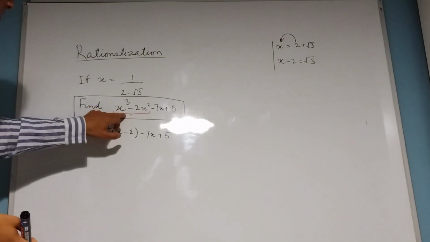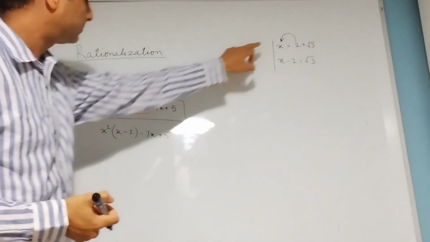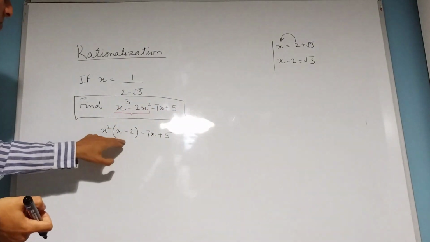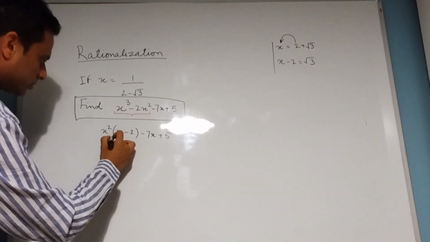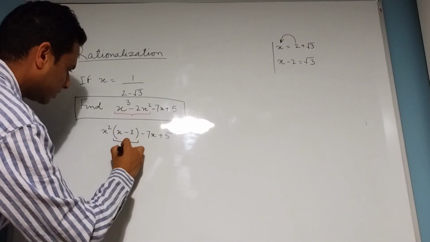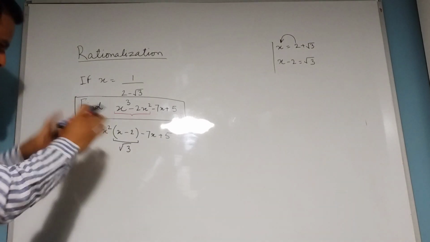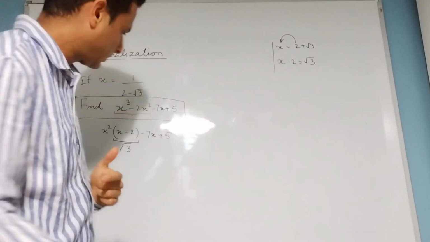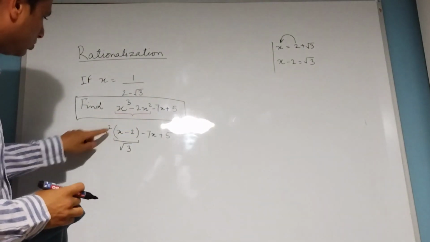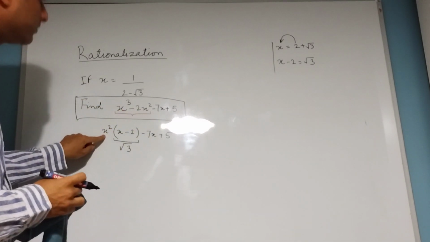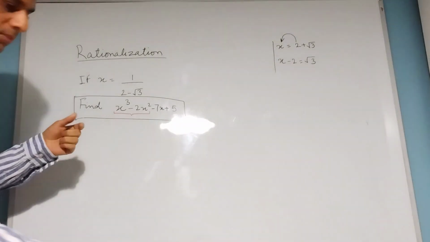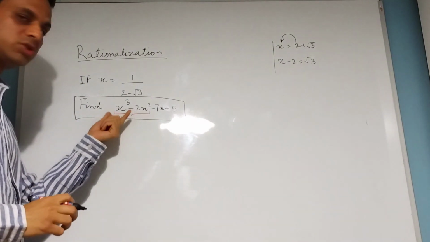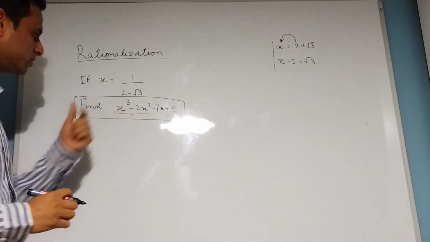When I look at this equation after solving for x, it becomes very evident that x minus 2 can be written as root 3. So this part can be written as root 3. So this makes my life a little easy. But in order to solve this equation, I need the value of x squared. So let's find the value of x squared. But we have found the basic fundamental solution on how to solve this equation.